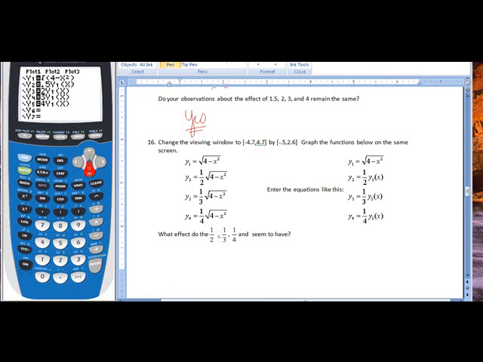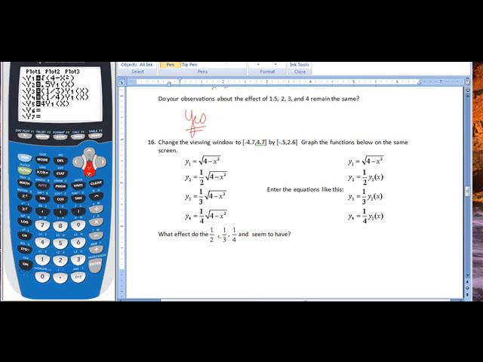And then I'll have 1/3. Depending on which calculator you're using, I want to find a fraction. I'm working in the wrong mode, so we'll do this the old-fashioned way. Open parenthesis, 1 divided by 3, close parenthesis, times the function y1 of x. And then we'll have 1 divided by 4 times the function in y1 of x.